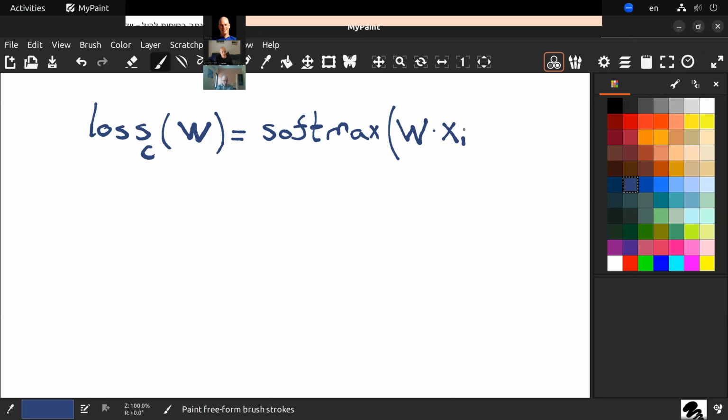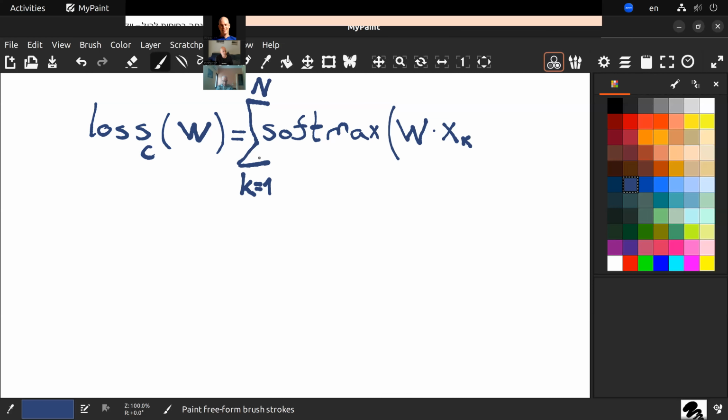Oh, I forgot something important. The loss is the average of the, yeah, exactly. So here I have a summation over K instead of I, because I'm going to use I for something else. K is running on all the samples.